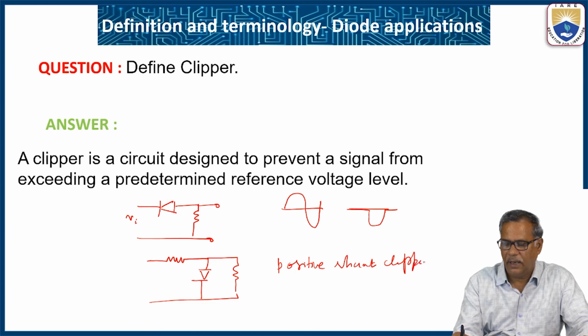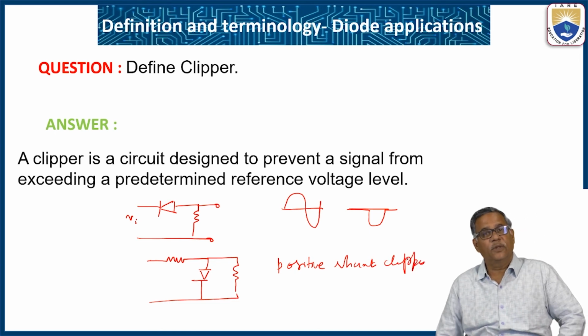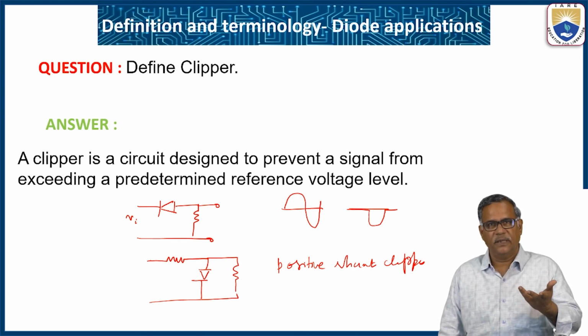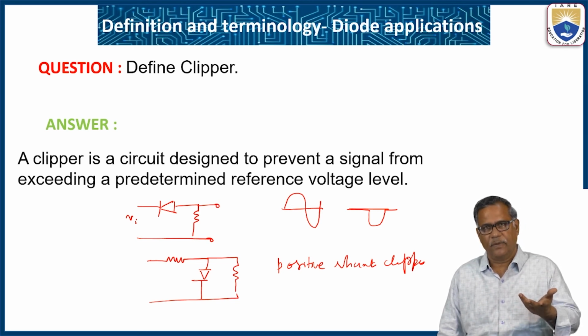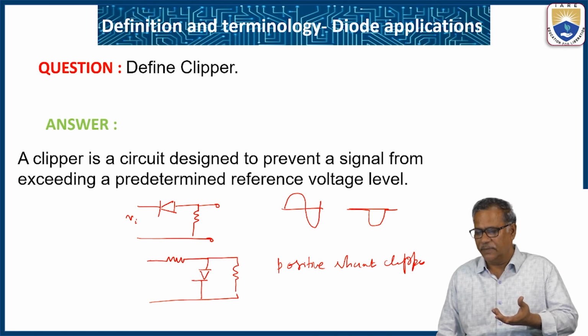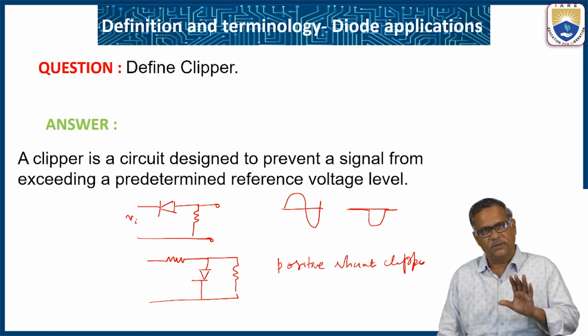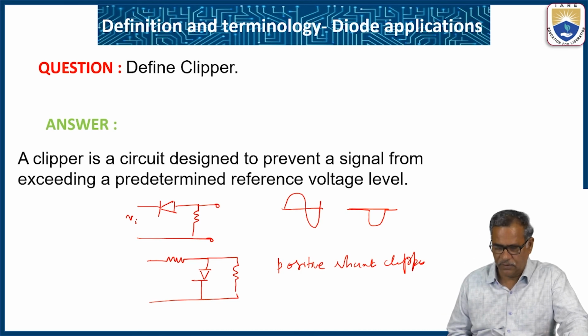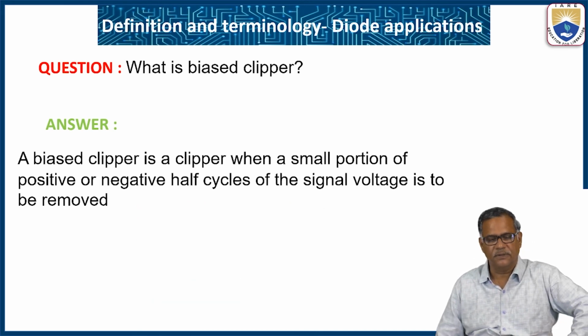Accordingly, we have the positive shunt clipper with positive reference voltage and the positive shunt clipper with negative reference voltage. Coming to the negative series clippers, the circuits are the same, only the polarity of the diode is changed. So these are the clipper circuits.